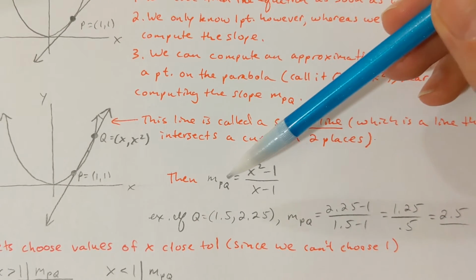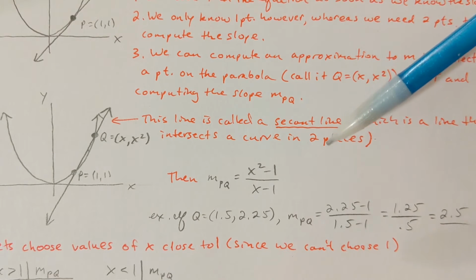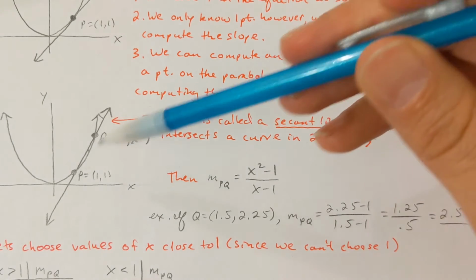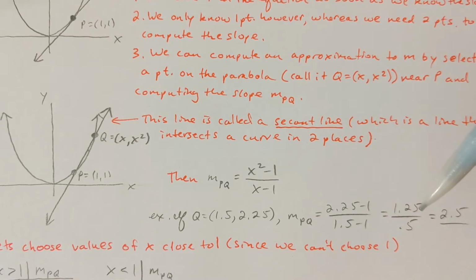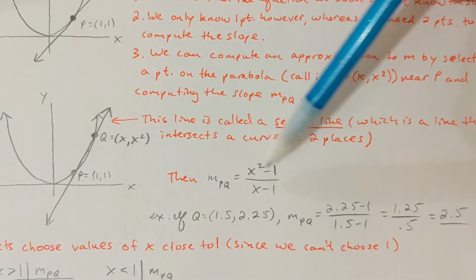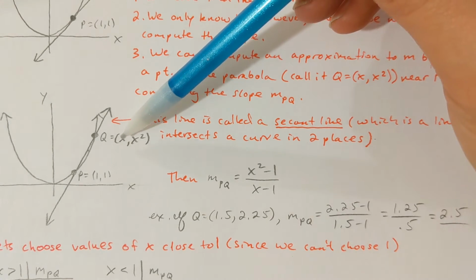Okay, now here's some notational stuff. M sub PQ, I'm going to let that be the slope of the secant line. Now that I have 2 points on this line, I can use the formula for slope. Change in y over change in x. So x squared minus 1 is the difference in the y values. Divide that by the difference in the x values. That's x minus 1.